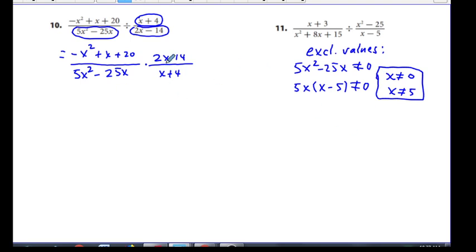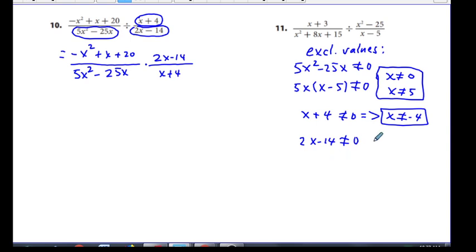We have this x plus 4 cannot equal 0. So therefore, x cannot equal negative 4. And then finally, we have this 2x minus 14 cannot equal 0.